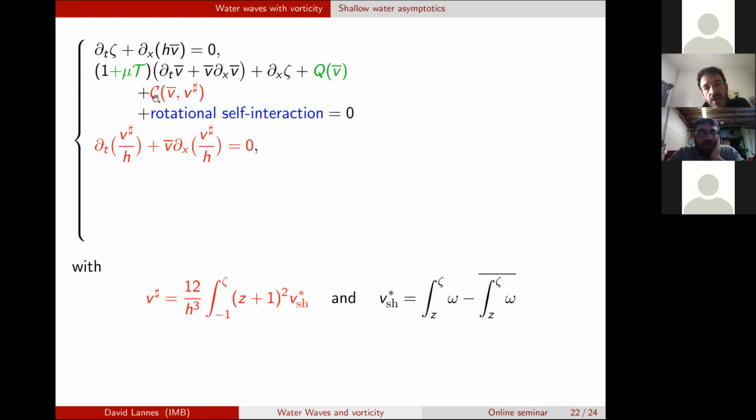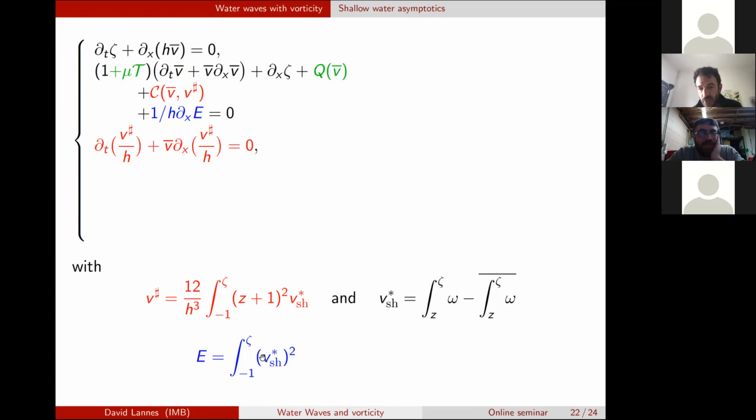So you are able to handle this interaction of the non-hydrostatic terms with the shear induced by the vorticity. Now what about the quadratic self-interaction of the shear velocity? This quantity can be written like this: 1 over h dx e, where e is the integral of the square of this shear velocity. It's the same.